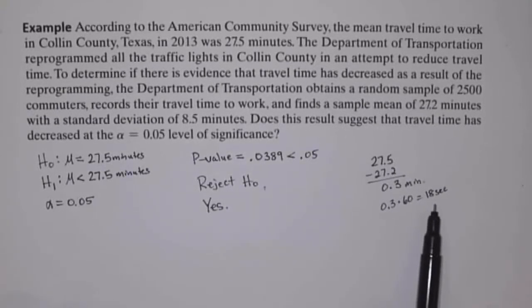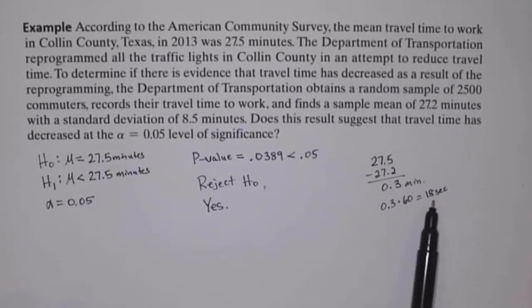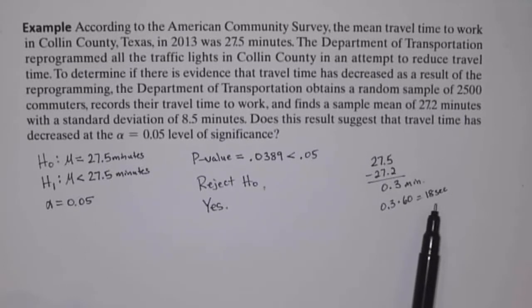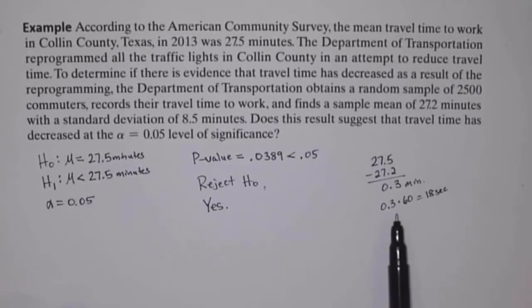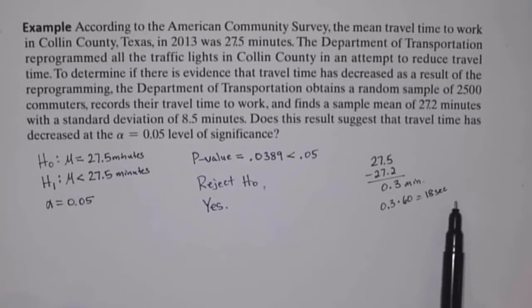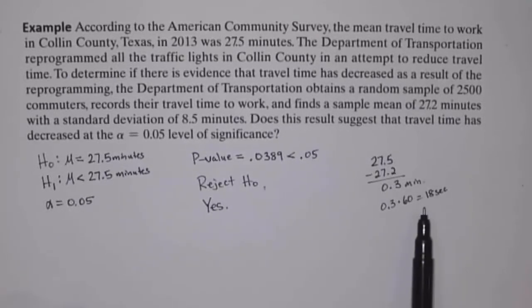So the question then is, do you think that any traveler in Collin County, Texas noticed that the travel time to get to work decreased? Do you think they slept in late because of those 18 seconds? Well, the answer to that is obviously no. So there was a significant difference statistically, but from a practical standpoint, 18 seconds was probably not even noticed by the travelers in Collin County, Texas.